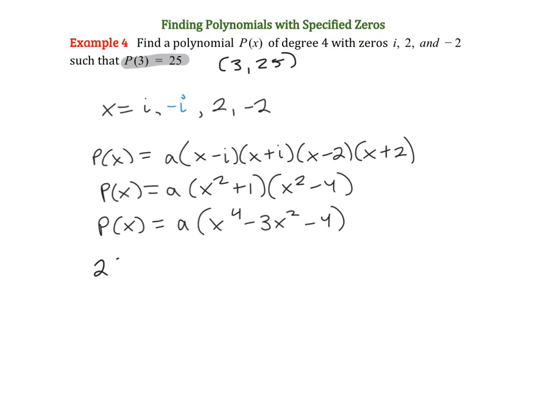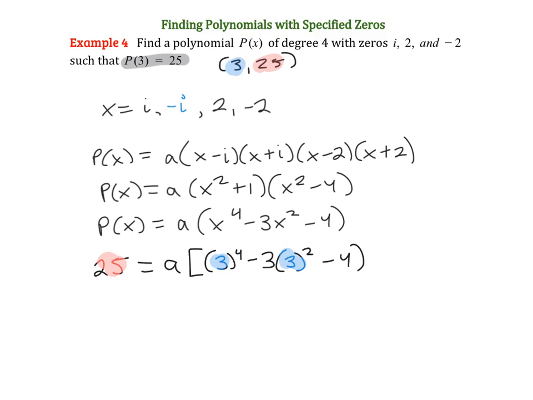So again, I'm going to replace y with 25. Then I have a times 3 to the 4th minus 3 times 3 squared minus 4. So again, I replaced all of my x values with 3, and I replaced my y value with 25, allowing me to solve for a.